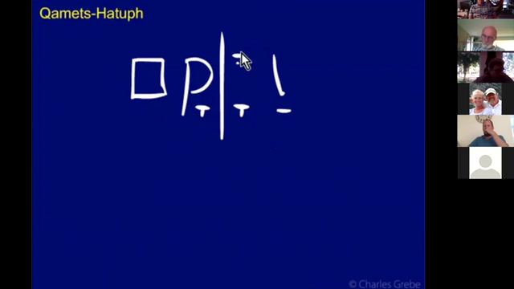Most importantly, we have a stress here. Because we have a stress here, this is the tonic syllable, this is not. So this syllable here is a CVC, unstressed, and it has this symbol in it, so we know it's a Kametz Hatuf. So it's pronounced vayakom, not vayakam. That's an example of a CVC unstressed at the end of a word.